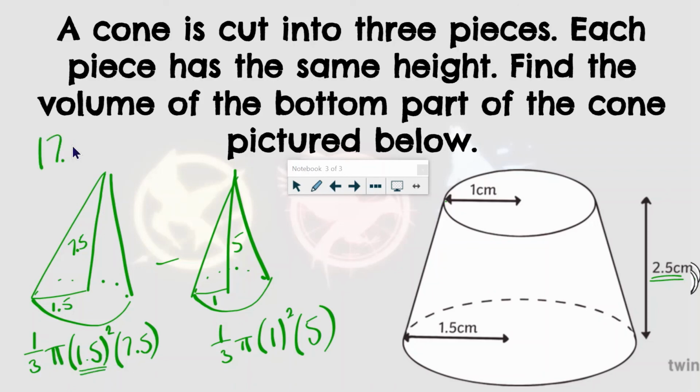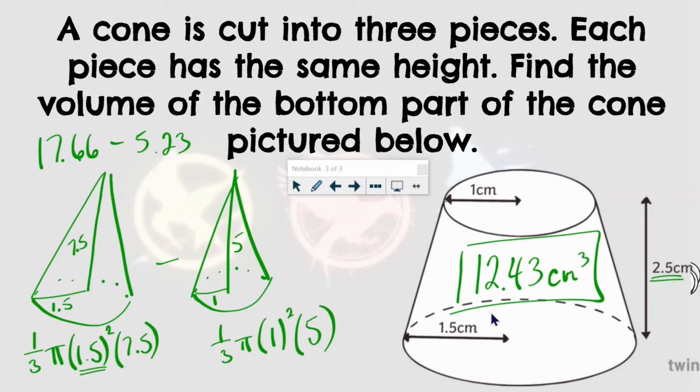That gives us a volume of 17.66. The smaller cone, we multiply those together, and we get 5.23. Subtract those, and the remaining volume is 12.43 centimeters cubed. So it turns out that that's holding about 2/3 of the volume, even though it's only about 1/3 of the height.